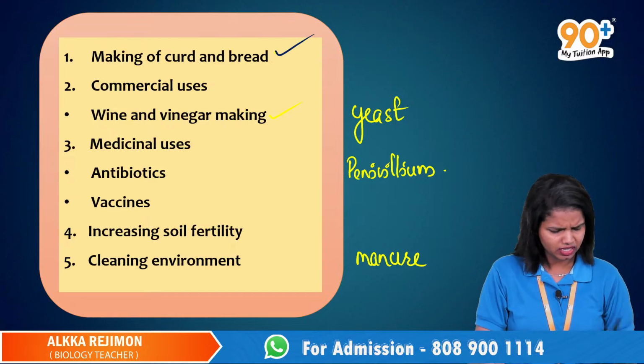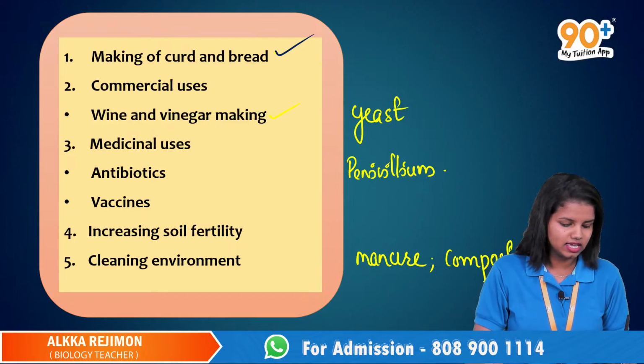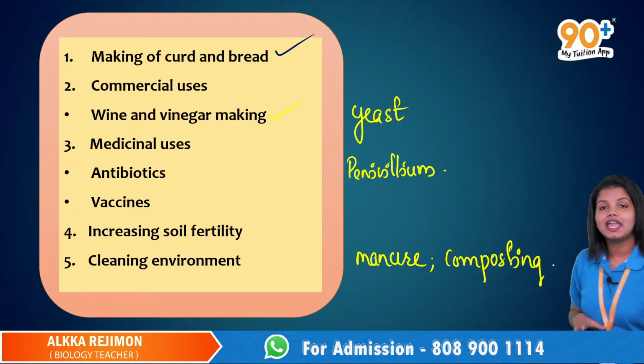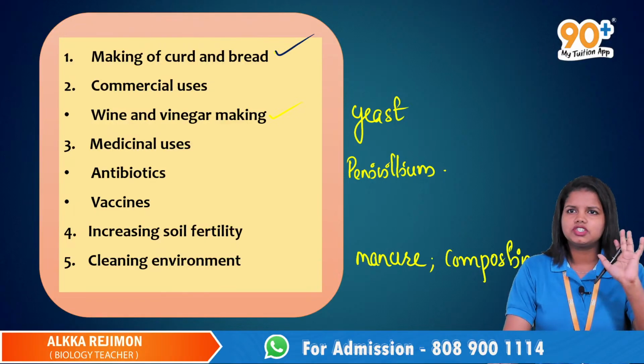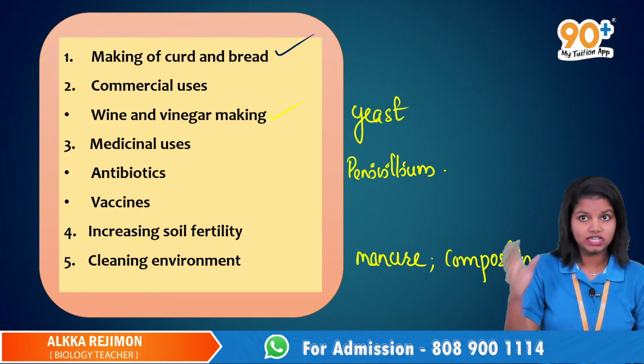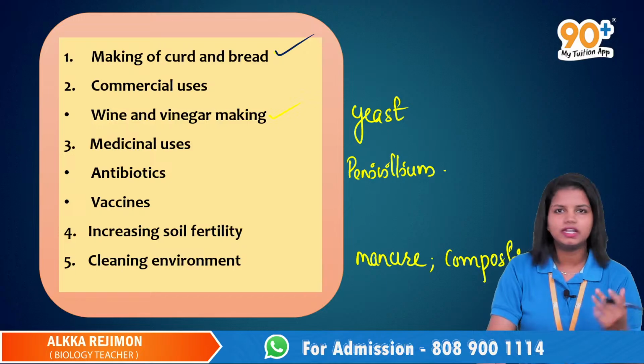And here we also discuss composting, and that whole process can be called composting. Okay, so that's pretty much all the points about uses of microbes in a friendly way.